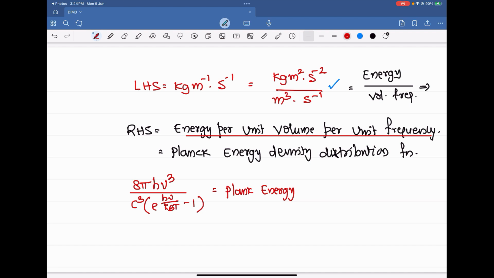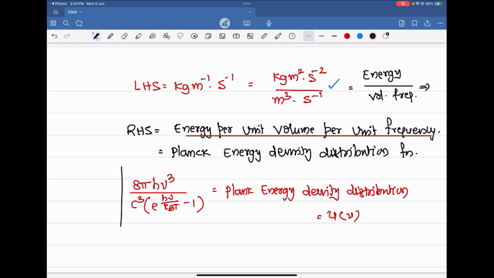Because it takes the Planck's constant, we call it as a Planck energy density. Anything per unit volume is a density. Distribution. It is denoted by u for a frequency nu.